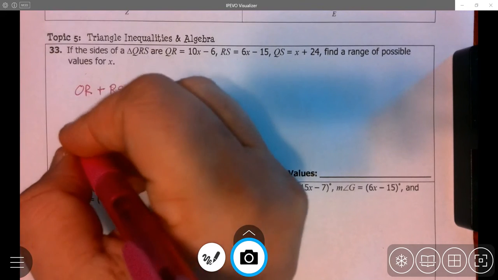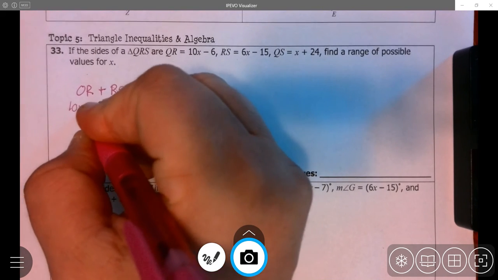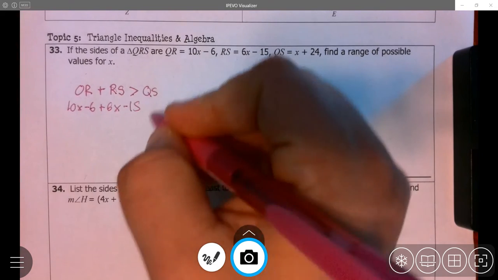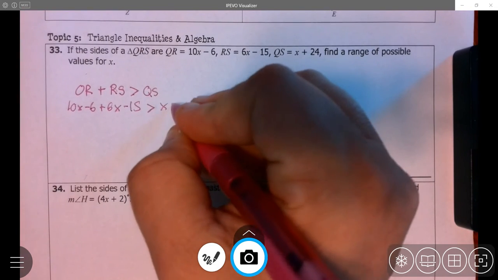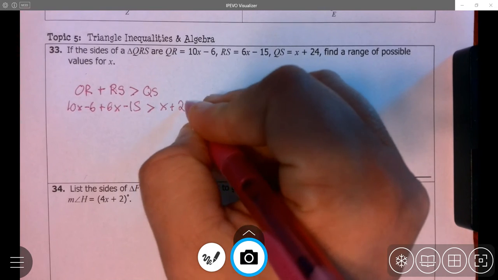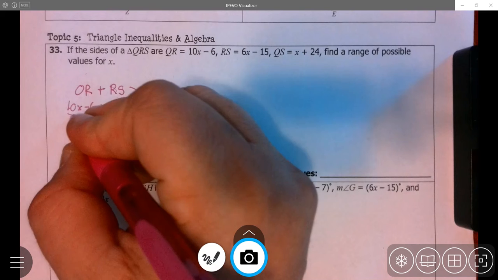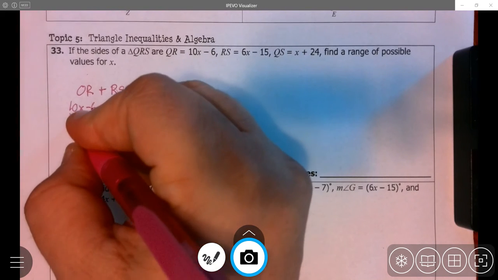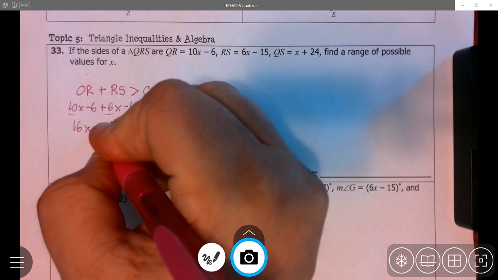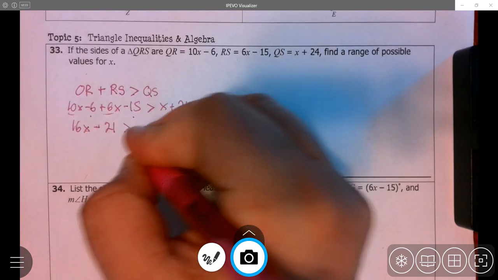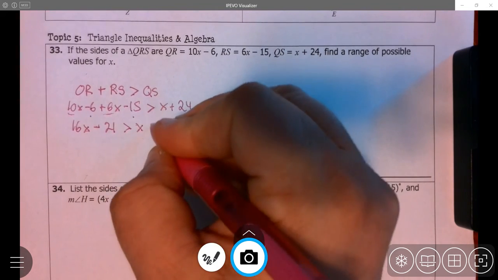And I will substitute in 10x minus 6 plus 6x minus 15 has to be greater than x plus 4, or 24. Okay, we're going to combine our two values here. 10x plus 6x is 16x, minus 21, negative 6 and negative 15, has to be greater than x plus 24.